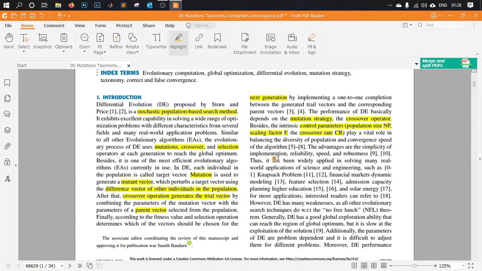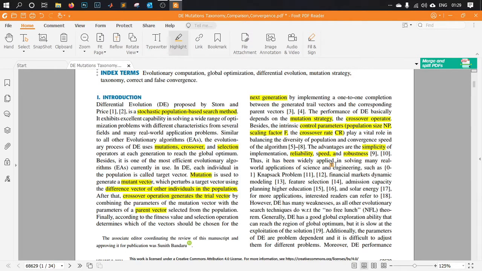A DE algorithm is very simple. So here they say the advantages are simplicity of implementation, reliability, speed, and robustness. A DE algorithm is a very good algorithm in the sense it is very reliable, it is very fast.